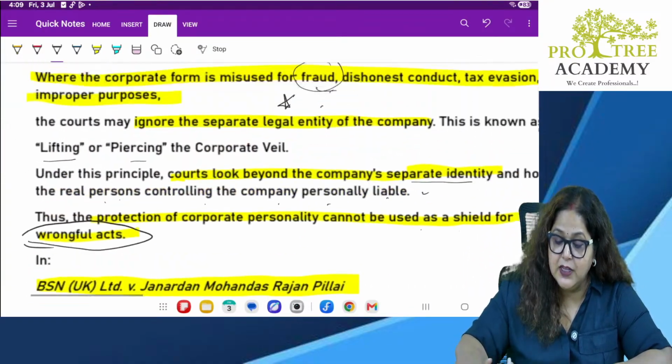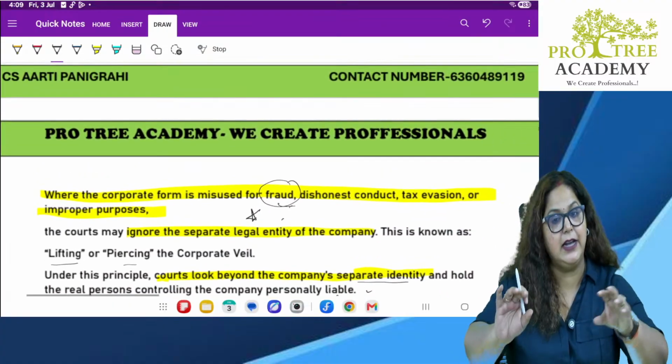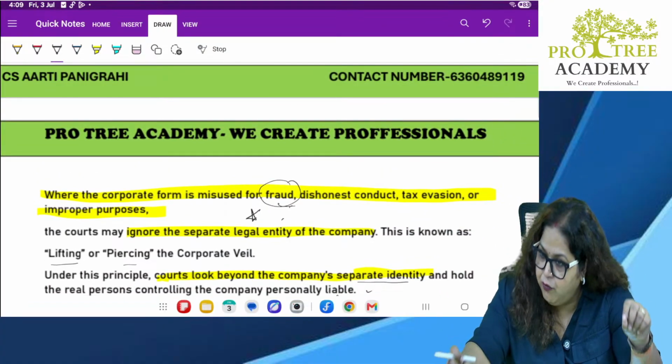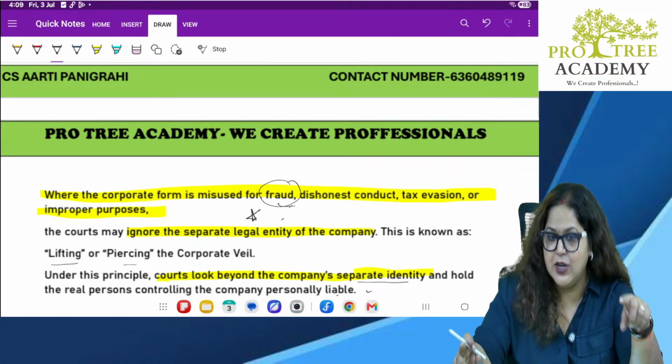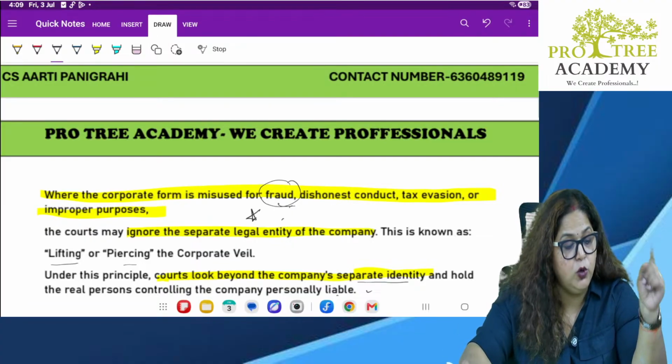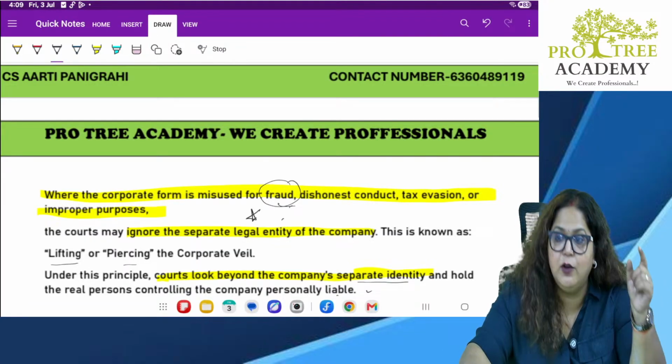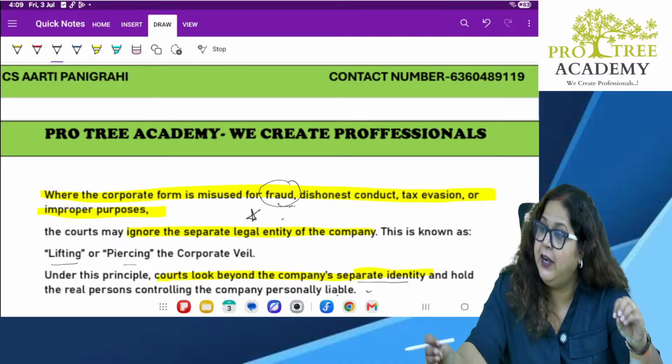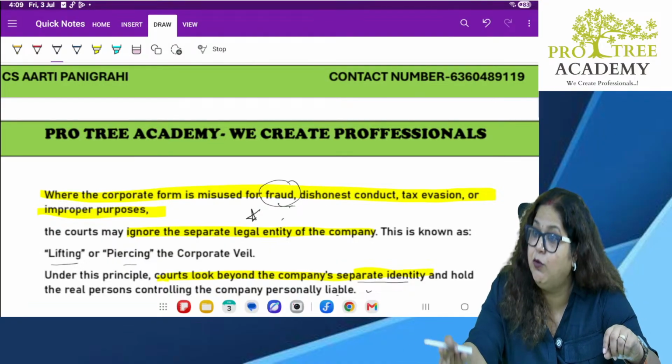So in this paragraph, what you have seen, guys: for a genuine and lawful purpose, you can take the shelter of separate legal entity, but not for a wrongful act, not for fraud. If it is used improperly, then what will happen?